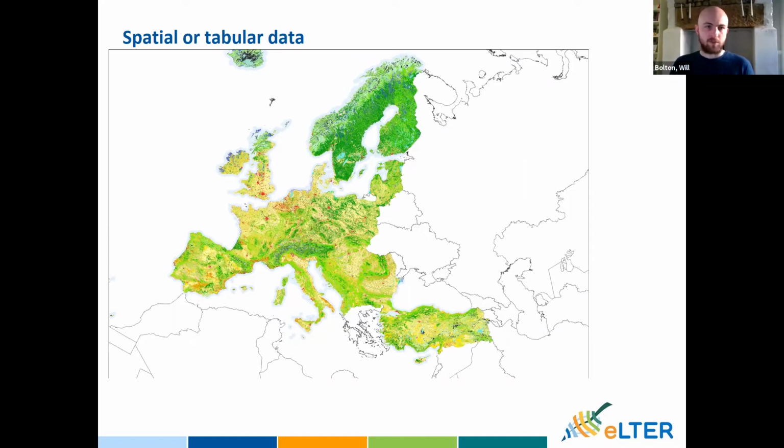The greener areas are more heavily forested; yellow going into red areas are less forested. This kind of data gives us information about the Earth's surface, or a geographical region, in a grid of numbers. So spatial data, raster data, gridded data, there are a few words for it. This is the first type we're going to consider.